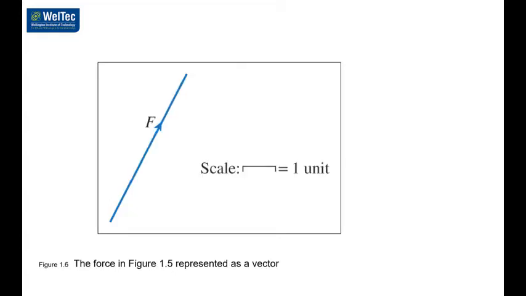So now the magnitude of F is 5 newtons, and it's got a direction. We can write the magnitude like that, or with a little squiggle on the top, or like that. All of those mean the modulus, or the magnitude, of that vector.